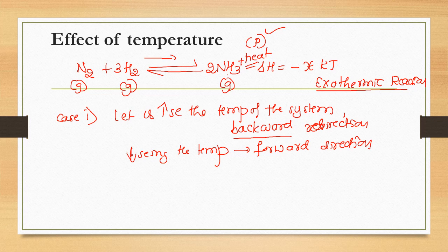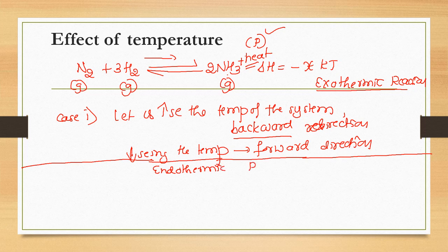Is this clear? This is for an exothermic reaction. Suppose your chemical reaction is endothermic. In an endothermic reaction, heat is absorbed. I will write the same reaction in a reverse manner: ammonia gives nitrogen and hydrogen.